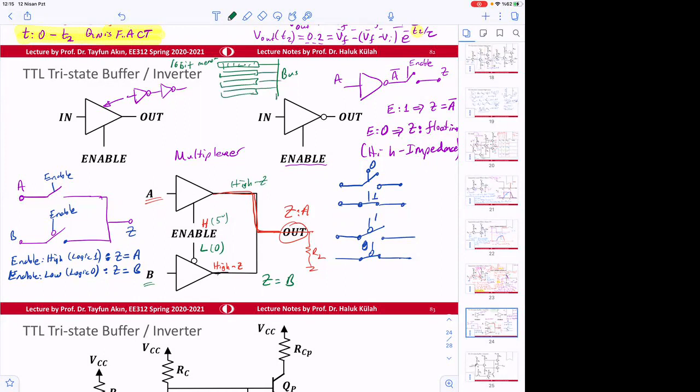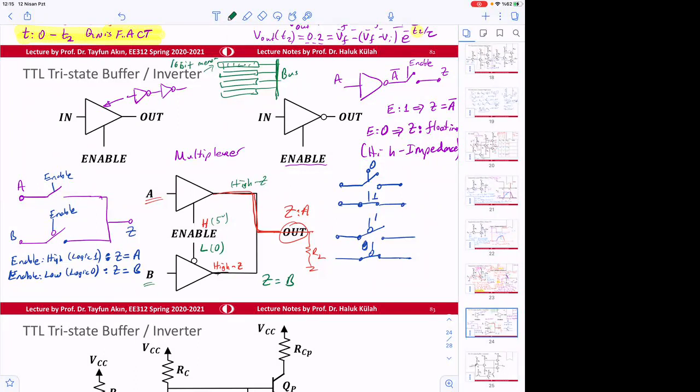Only one of them, if you select this memory element, determines the bus, and that information is transferred into the arithmetic logic unit. I guess you'll learn about these concepts maybe in 348.